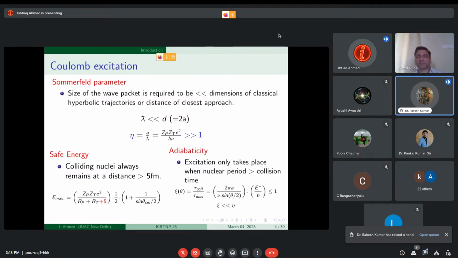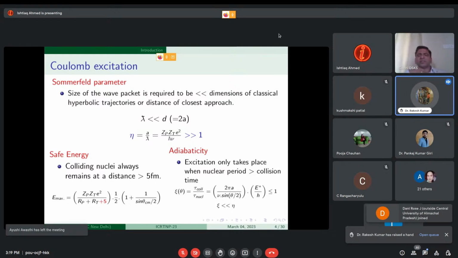In principle we are much below that, and we are in a very safe place where there is no nuclear interaction happening. That is clearly shown by the decay of only gammas. If we had some nuclear interaction, then some sort of fusion reaction would also take place, and some other things would also come out. Some sort of fusion may be there if you are approaching above the barrier, or you are having the nuclear part in it.